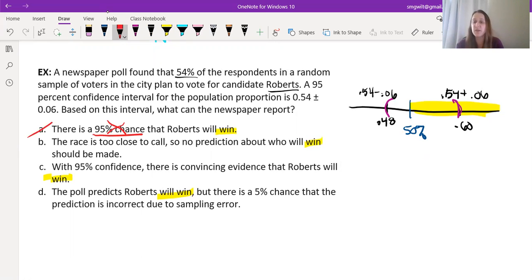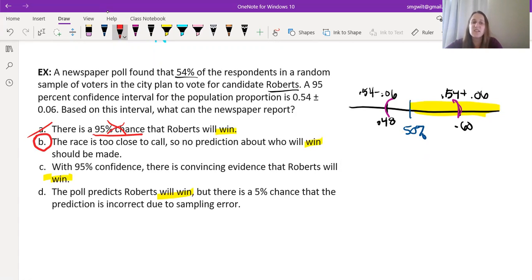So C would be a potential answer if all of the interval was greater than 0.5. Since it's not, we can't say that he would win. There is still an opportunity for him to not win. So B is the correct answer here because of the opportunity for it to not be greater than 50%.